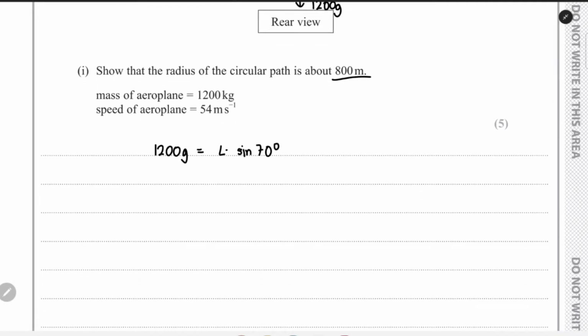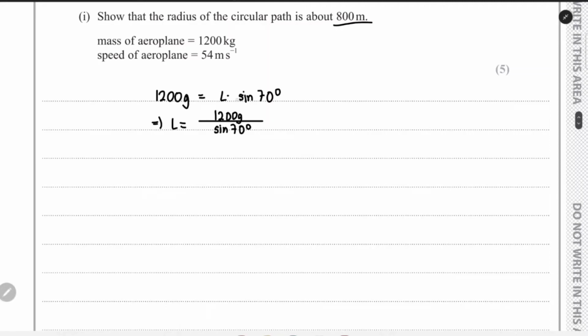From here I can find the value of the lift. The lift is 1200 g divided by sine 70. So if I place the value of g, which is 9.81, and I calculate this, I'll get a value of 12,527.5 newtons. This is the lift force.